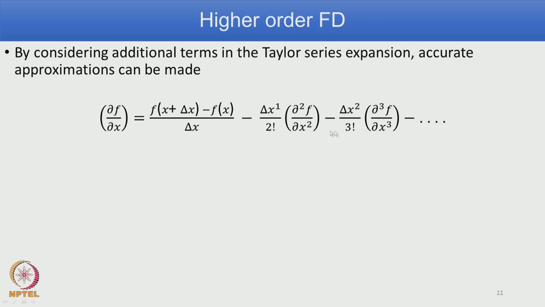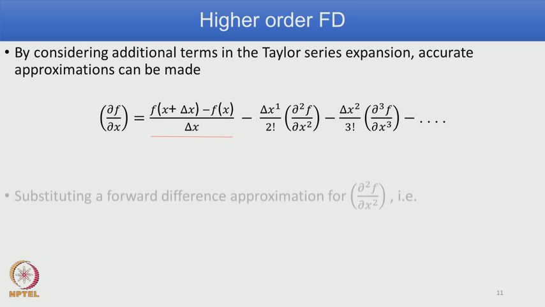Now, we also have an expression for the second derivative again by all the three schemes, that is forward difference, backward difference and central difference scheme. So, if we can replace this second derivative appropriately, then follow some simplification, we will be able to get a higher order finite difference scheme for the same first derivative, and we are going to see that.